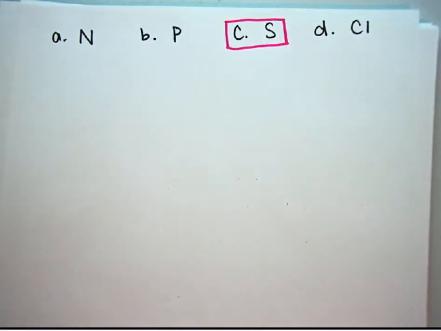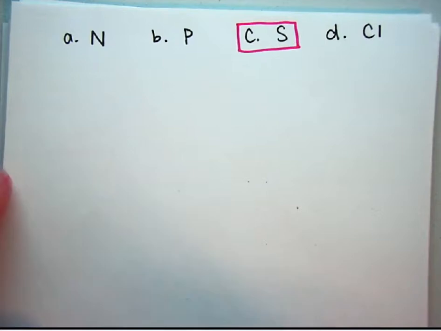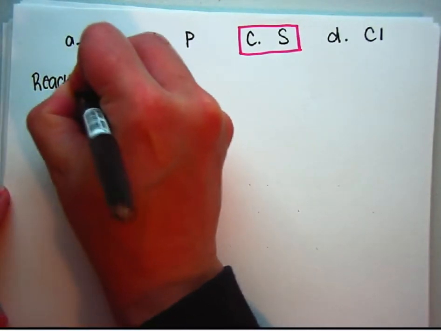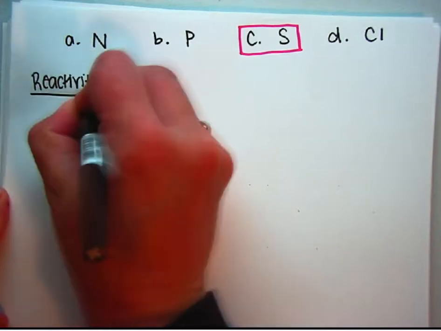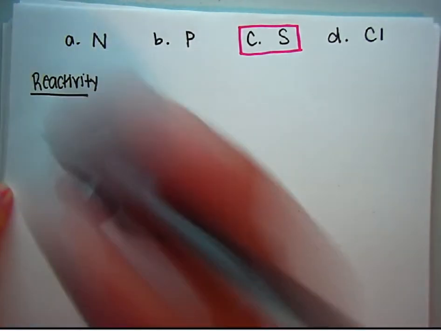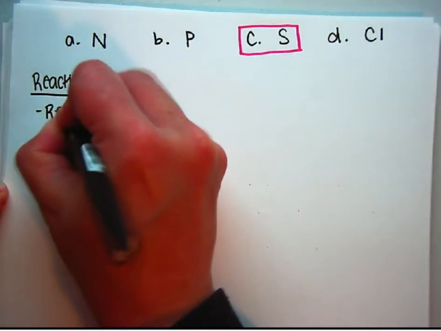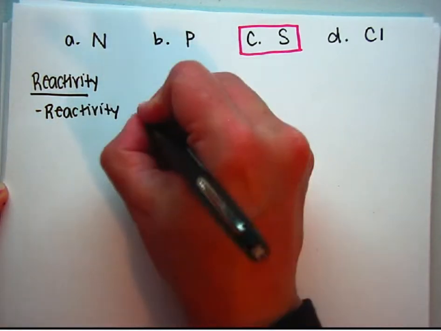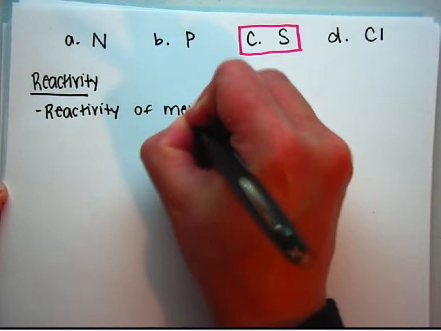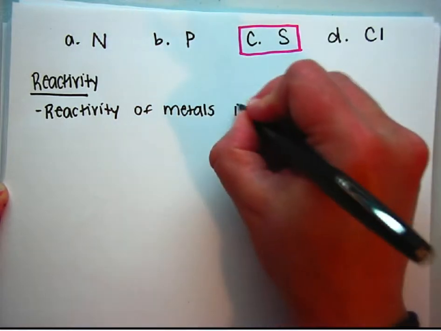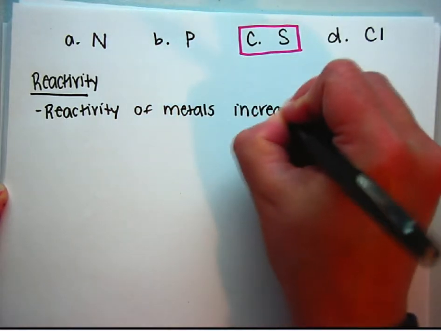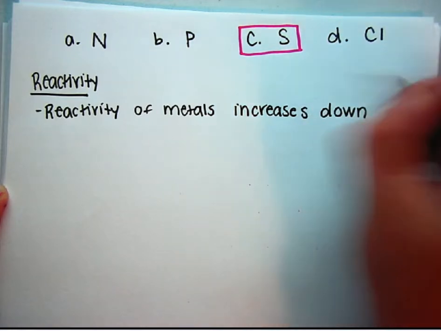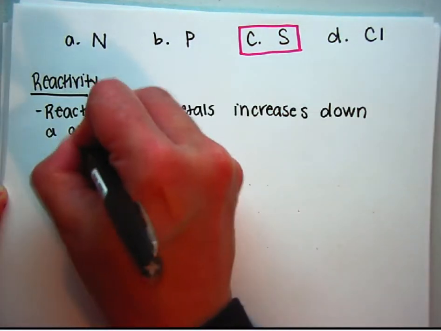Last trend for today is reactivity. And what we need to know about reactivity is reactivity of metals increases down a group.